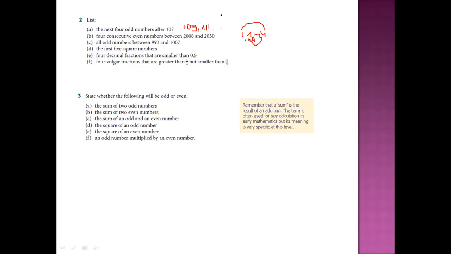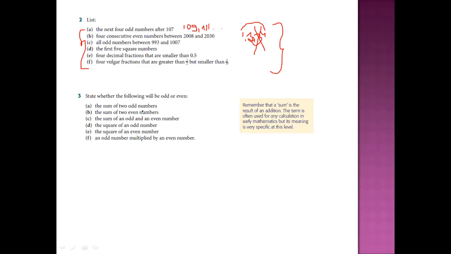In Turkish, ardışık sayılar, numbers that come one after another: 1, 2, 3. But here we need even numbers, so we shouldn't write 3, just 2, okay? And here, after 2008 is exactly 2010, and so on. You can write in the comments, or write on paper at home, and please send me your answers, okay?